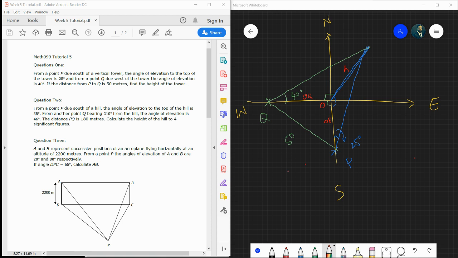So that's in a nutshell the 3D trigonometry that we will be using. So let's set up the problem and leave it there, and then you guys can solve it from there.